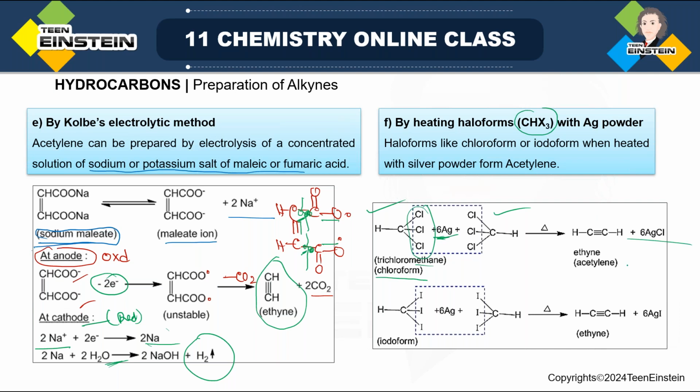So together it will be 6 AgCl formation, and this is our main product. Similarly, you can start with iodoform. Here instead of AgCl you will get AgI, but this is the same. So in total, A, B, C, D, E, F, 6 methods we have learned for the preparation of alkynes, right?